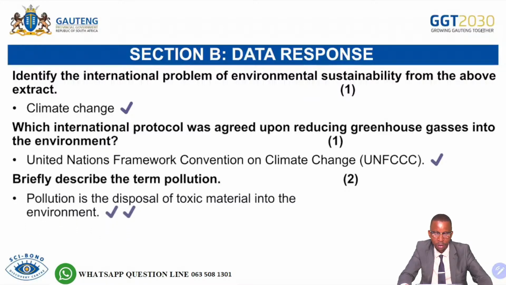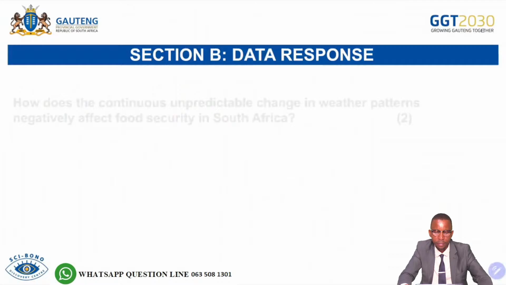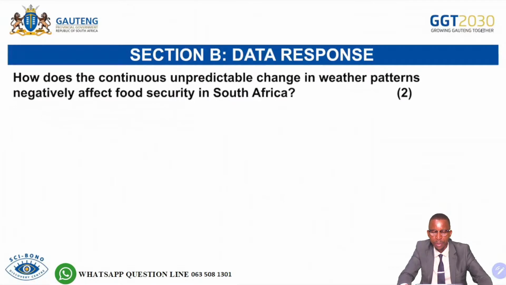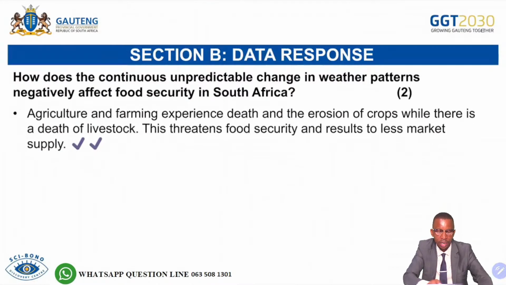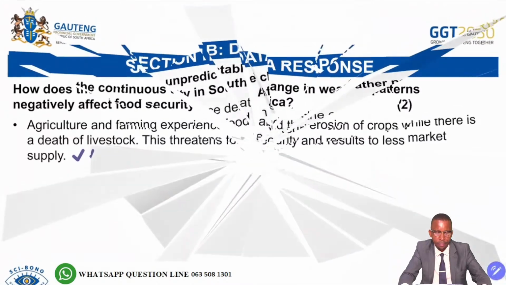Pollution is the disposal of toxic material into the environment. We continue. How does the continuous unpredictable change in weather patterns negatively affect food security in South Africa? Agriculture and farming experience death and erosion of crops, while there is a death of livestock. These threaten food security and result in less market supply.